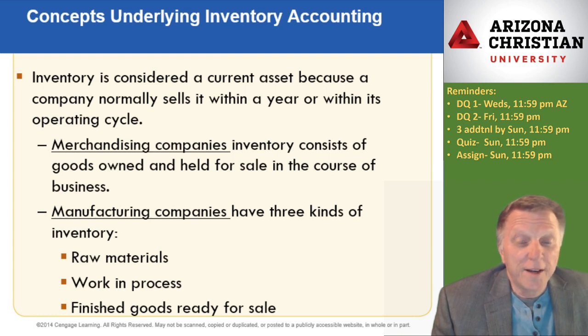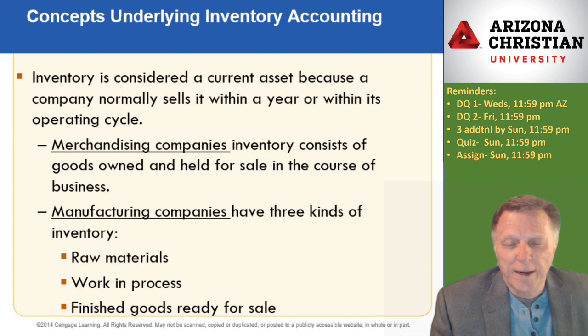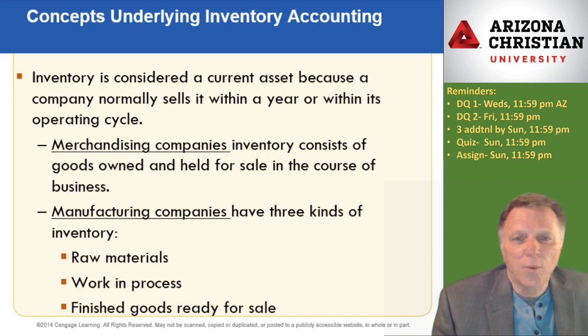If you can sell that inventory, you have cash for your business. So for merchandising businesses, inventory consists of goods that were purchased and held for sale. Now in a manufacturing business, there are 3 different kinds of inventory. Like I've shown here, there's raw, work in progress, and finished goods. And the finished goods are the ones sitting on the floor ready to be sold.